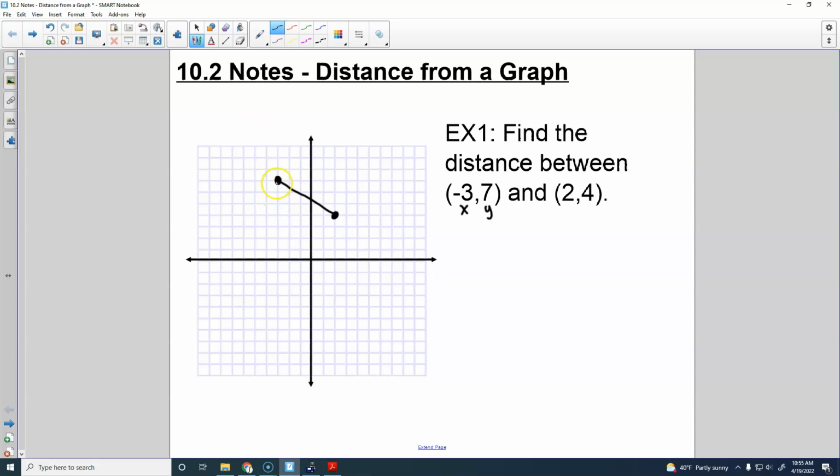But if it's slanted, it cuts across the lines, so it's not going to be exact. So our goal for these problems is going to be to turn these into triangles, okay?